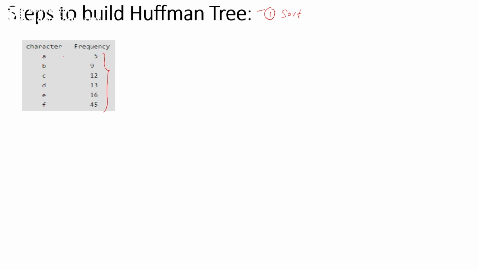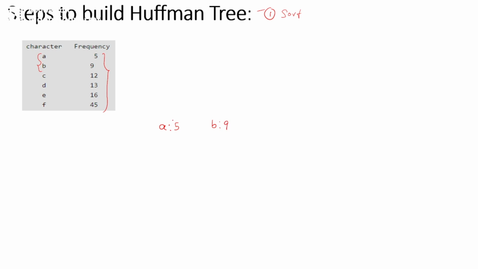In the second step, we go for the first two characters. I will take the first two characters, A and B, where A has frequency 5 and B has frequency 9.